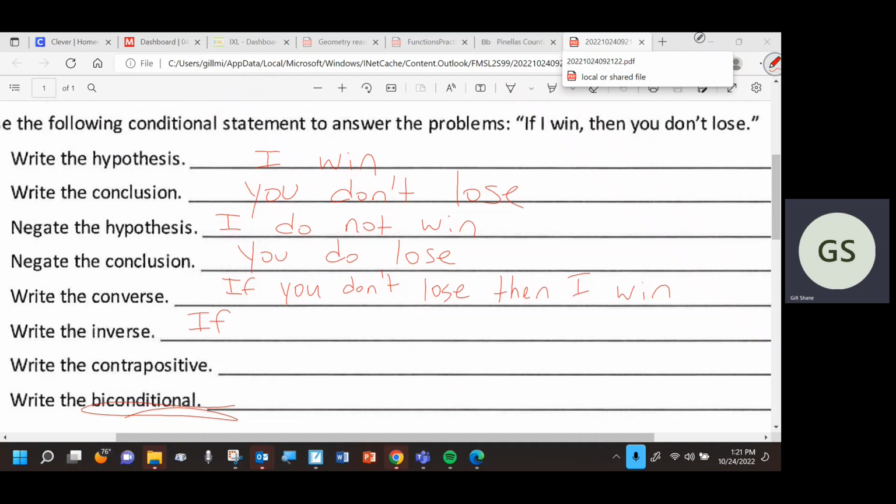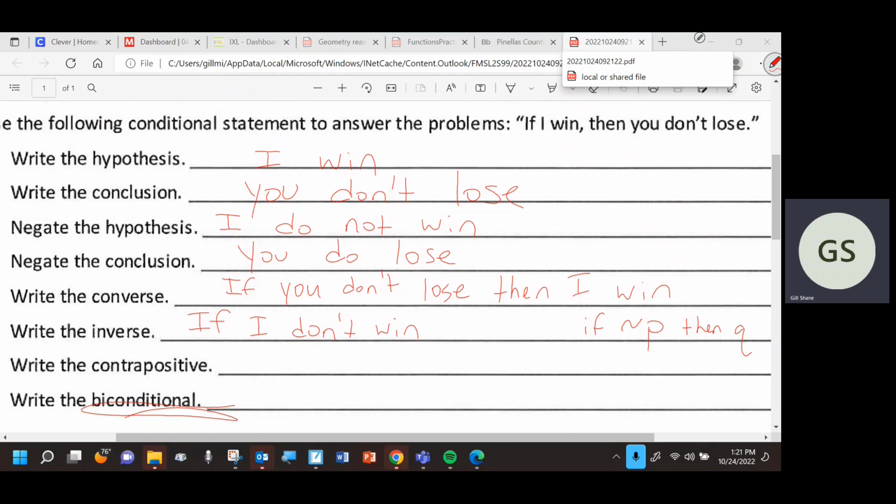So again, it looks like this. If I do not, that's supposed to be a squiggly thing in front of P. So this means I'm negating the hypothesis. Well, the hypothesis was I win. So I'm going to say if I do not win, but I don't change the Q. The Q is still the same.